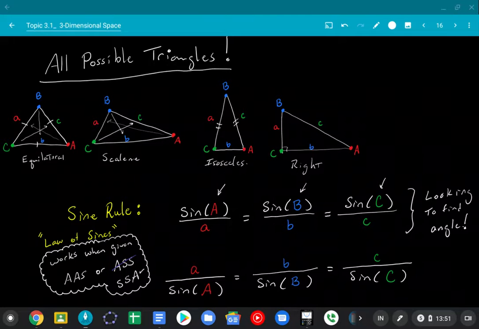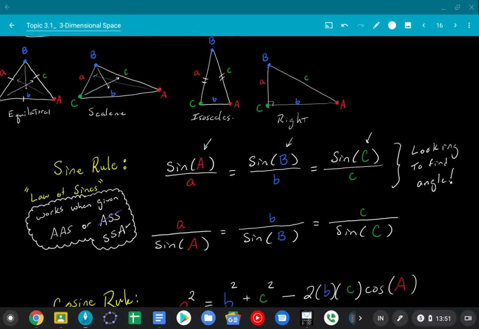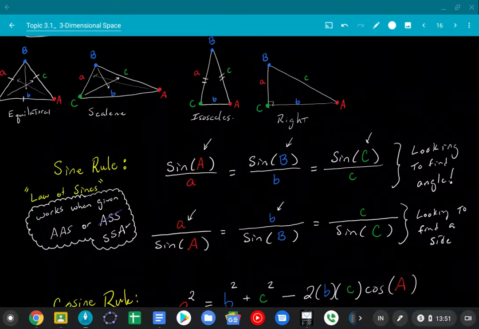Down here, if they're asking me to find a side, then I just take the reciprocal of everything. And again, I'm putting the sides on top. It just makes it easier.